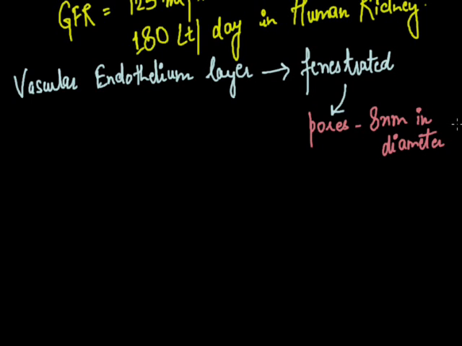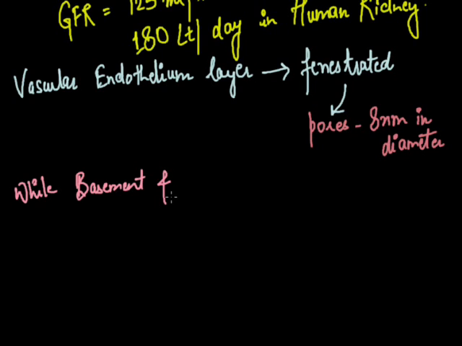They are fenestrated for filtration, and only molecules of 8 nm size can pass, while blood plasma proteins and blood corpuscles have a larger diameter and cannot be filtered.